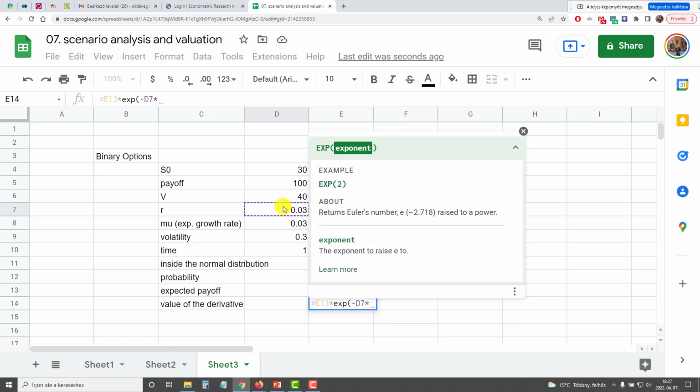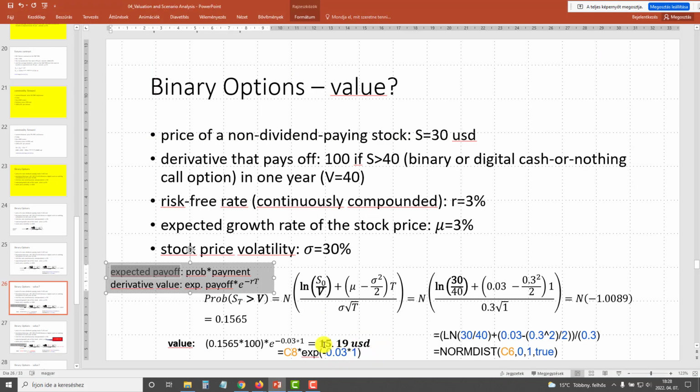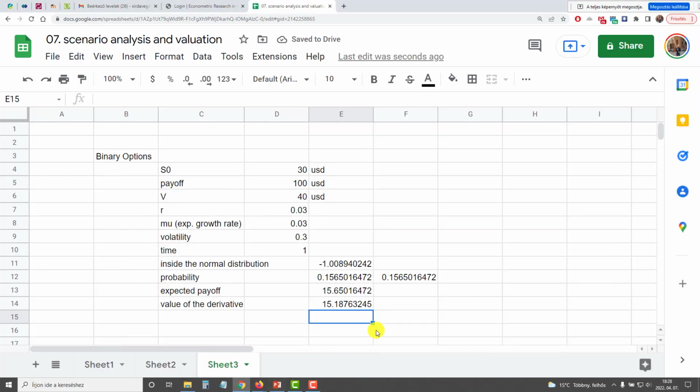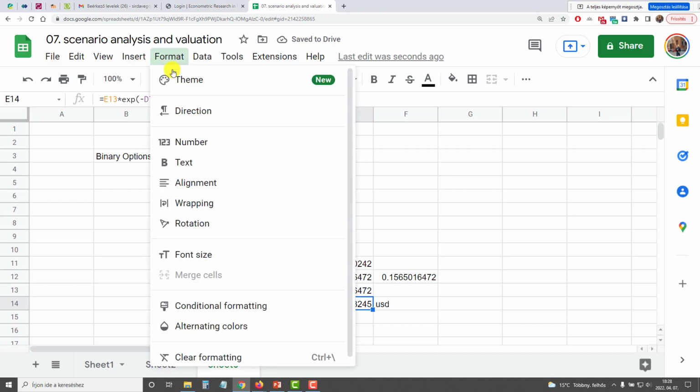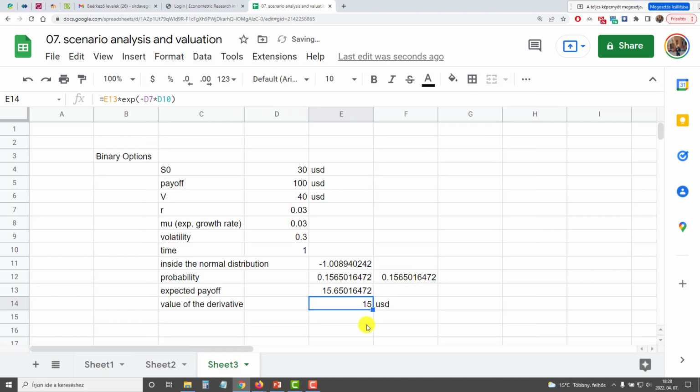R multiplied by time, which is 1 right now, and then we have another value, so we can have this here. This is in US dollars. And let's format it to nice numbers. Okay, maybe it's too nice.